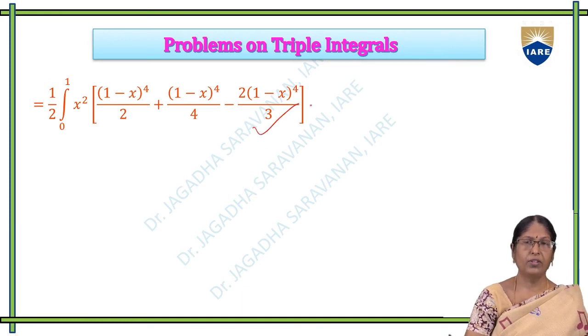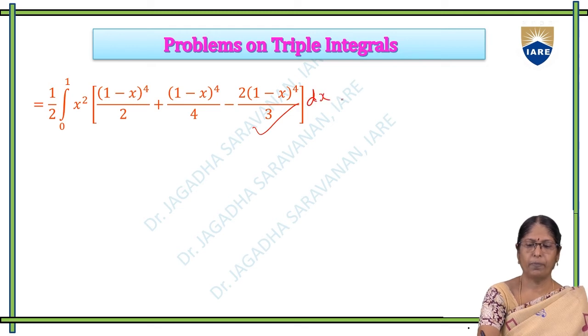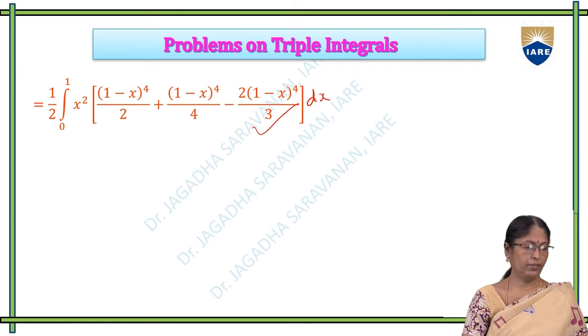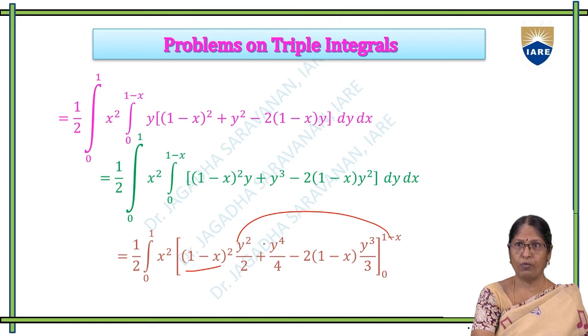So we obtained here after the substitution, here dx should be there. So 1 by 2 integral over 0 to 1 x square of 1 minus x the whole power 4 divided by 2 plus, so we can see it here. In this place we are substituting 1 minus x the whole square, put together 1 minus x the whole power 4.